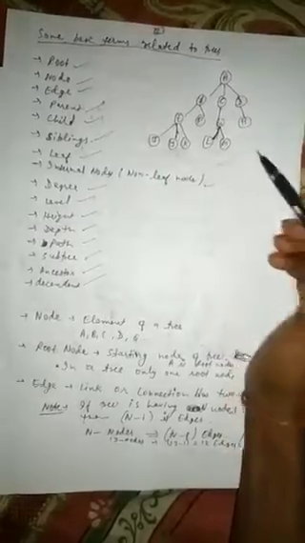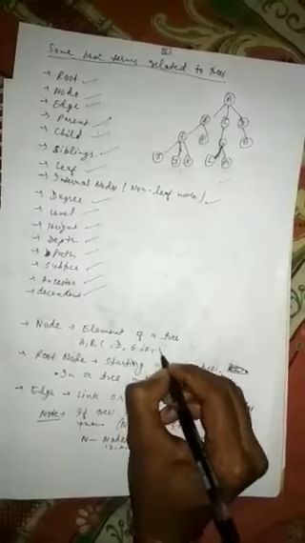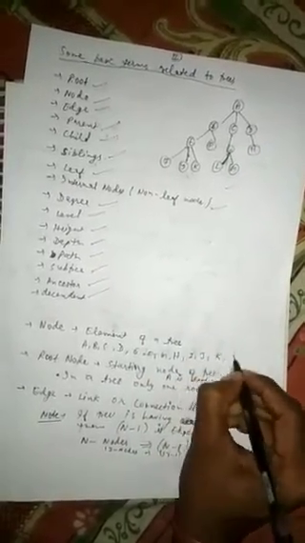In node, before root we look at the node. What is a node? In this tree, an element of the tree is known as a node: A, B, C, D, E, F, G, H, I, J, K, L, M. These are the nodes.